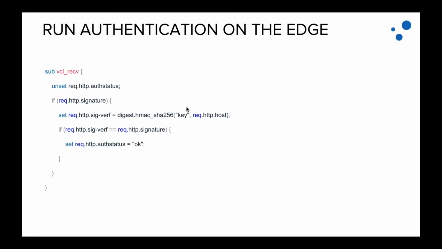Obviously, this piece of VCL can be extended as much as you want. Starting from this piece of VCL, you can also use other vmods to send requests to your authentication server or your third-party authentication service and try to fetch a new cookie or create a new cookie header.